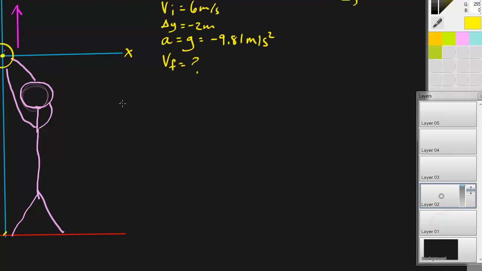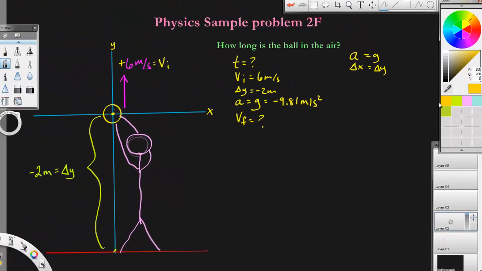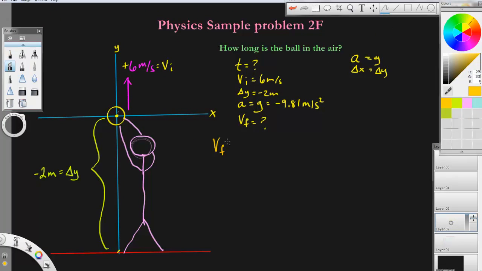So what we need to do is find the formula that does not involve time, and I'm sure you're very familiar with it, and it looks like this right here. It is Vf squared equals Vi squared plus 2g delta y. Now normally that's 2a delta x, but in this free fall case here, it's 2g delta y. And we can solve for Vf.